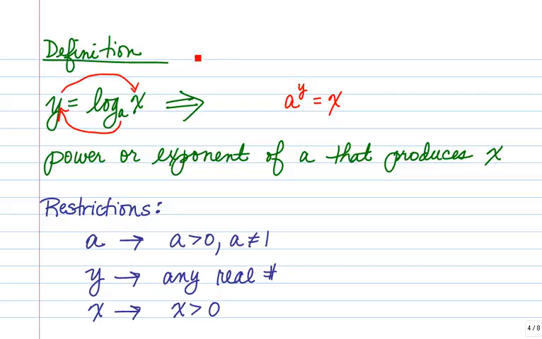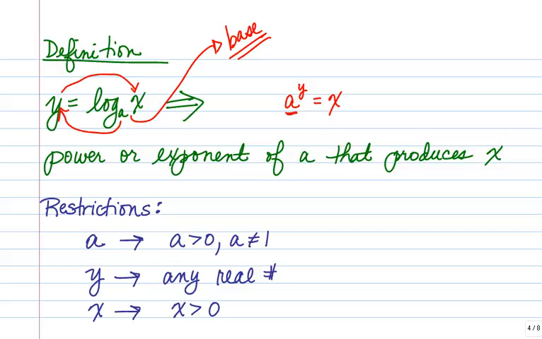A is called the base, just like it is with an exponential expression. So if you can keep in mind that it's the base of some exponential expression, you'll be able to get this down. It is the power or exponent of a that produces x.